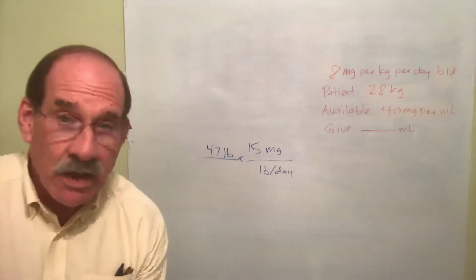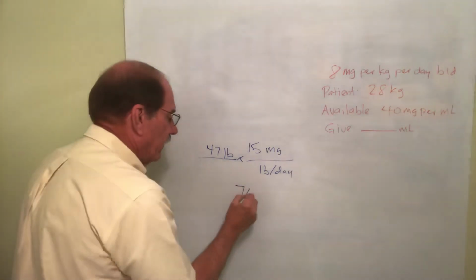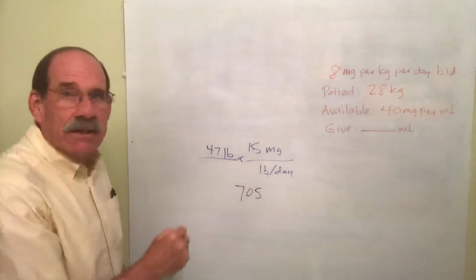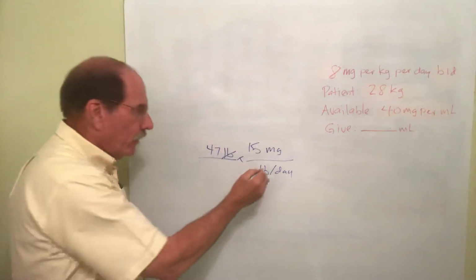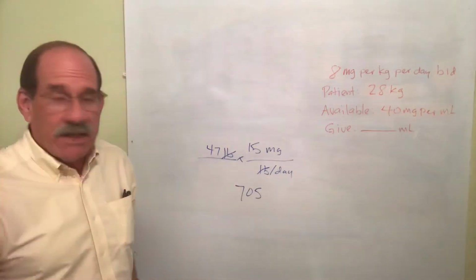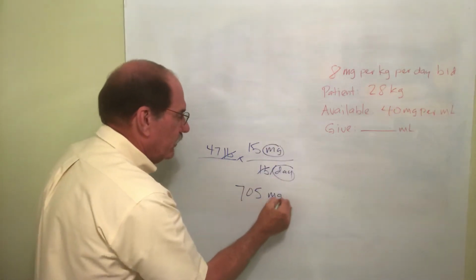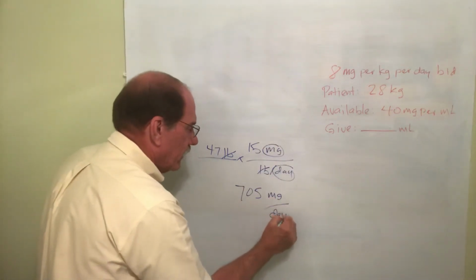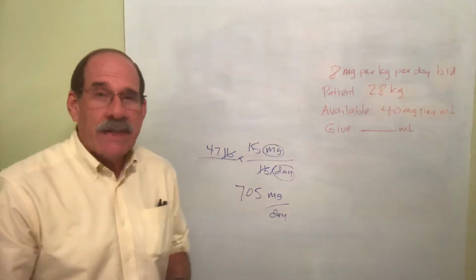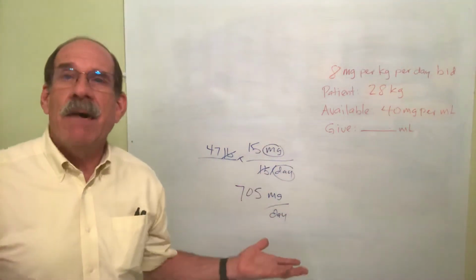That's 705. But wait now, look at this. Just like before, the pounds and the pounds cancel. That is a number of milligrams per day. At this point, that's still the per day amount.